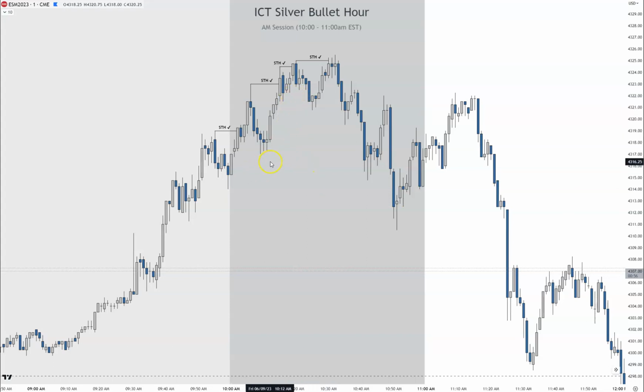Okay, so let me just explain something really quick. I consider this the swing low that was the catalyst that took out this swing high. So that is the swing low that I'd want to see broken for a market structure shift. Again, this one would be the swing low that took out this swing high.